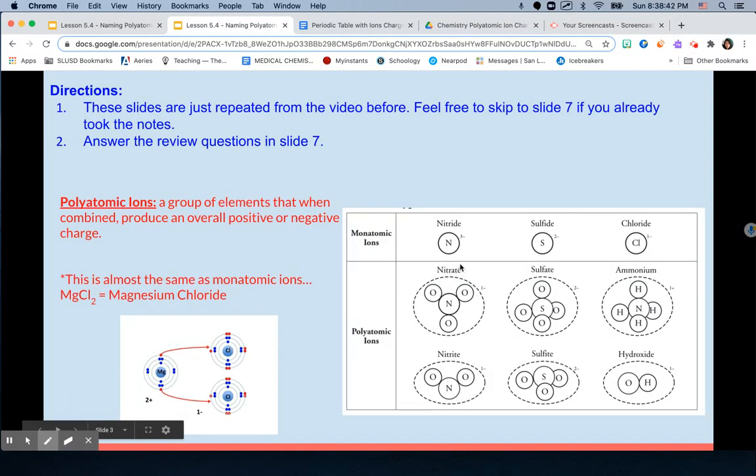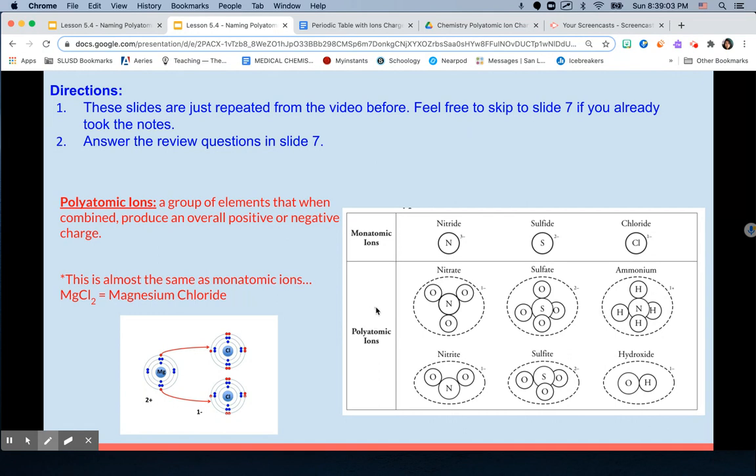So in our Zoom class, as part of our classwork today, I had you compare monatomic ions, something that we worked on in Nearpod lessons 5.2 and 5.3, versus polyatomic ions, right? So this is something we're going to add on to the previous lessons today.